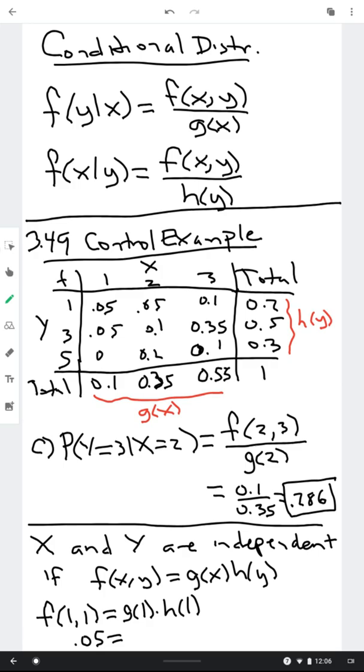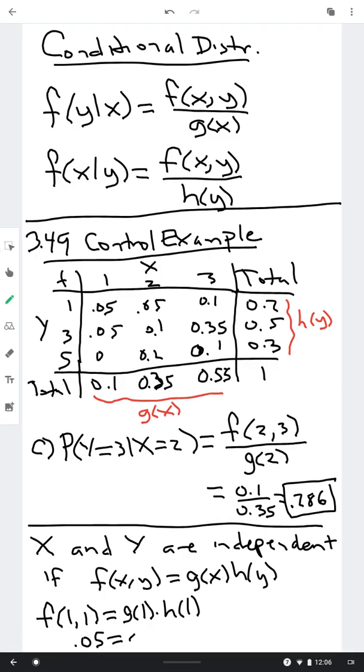G of 1 is 0.1. H of 1 is 0.2. And by the way, these are not equal to each other, right? 0.05 does not equal 0.02. So that implies that X and Y are not independent.